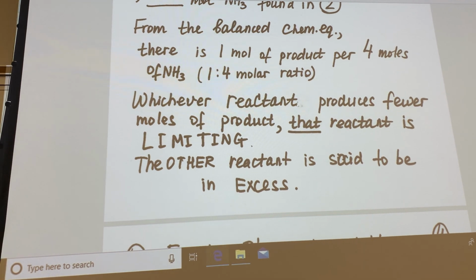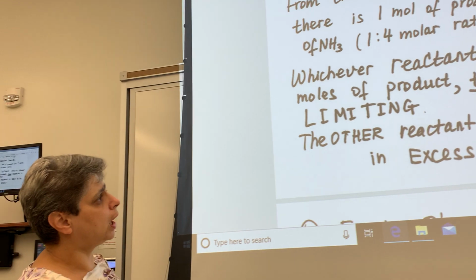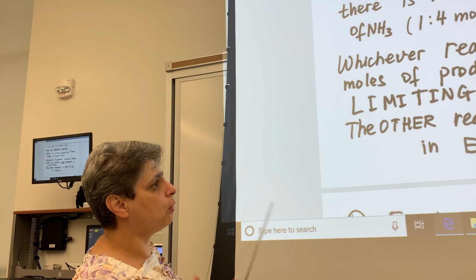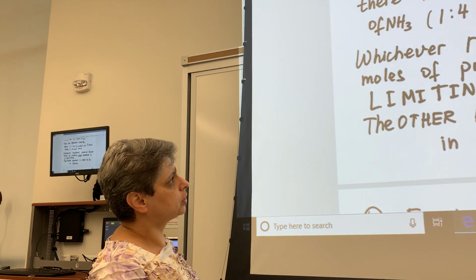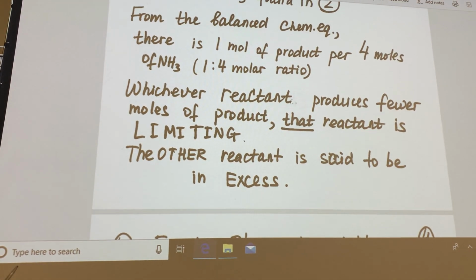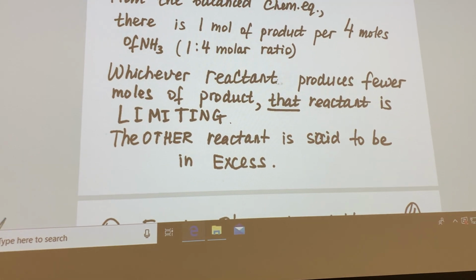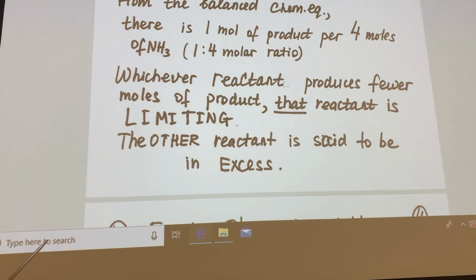Remember on your supplemental data sheet to clearly show units for every parameter you find. There's many moles of different things. So it has to be clear with each number you find what that number represents. Moles of what substance, whether it's reactant, whether it's product, and so on.